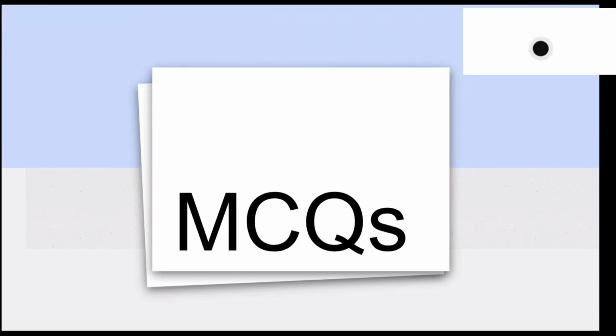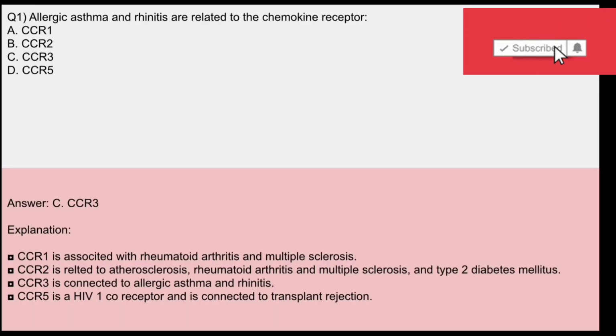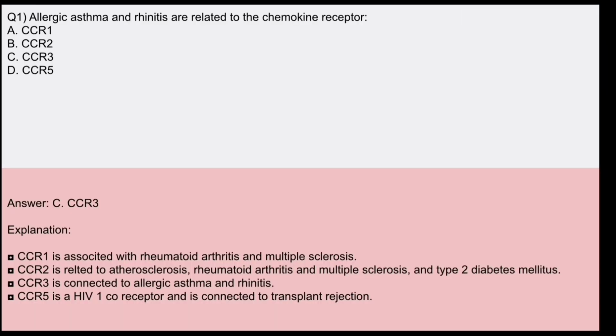Some MCQs on bronchial asthma. Allergic asthma and rhinitis are related to the chemokine receptor. So this is somewhat a deep level question, that's why I have given the explanation for the same and the answer too. You try to first solve the question and then have a look at the answer.